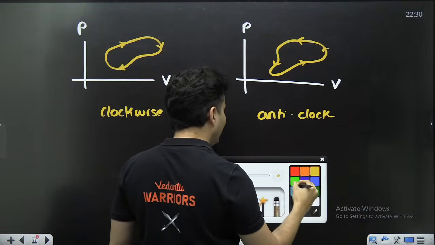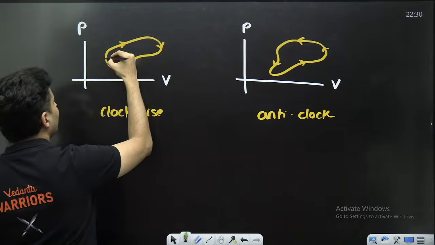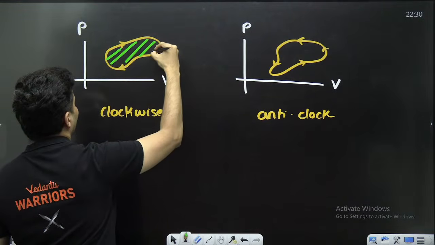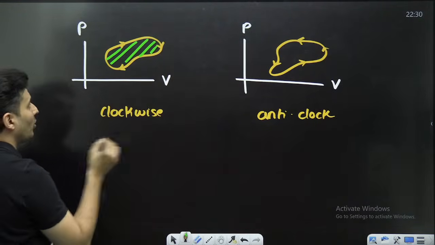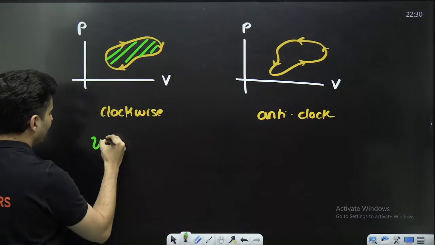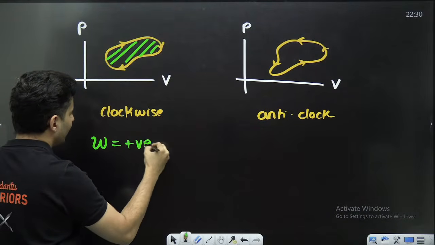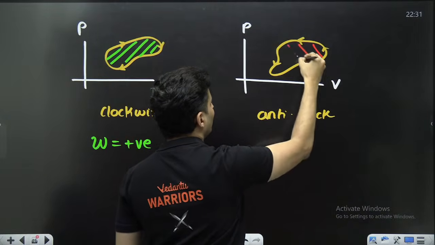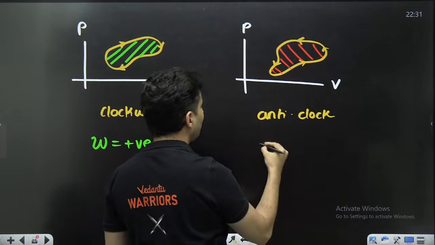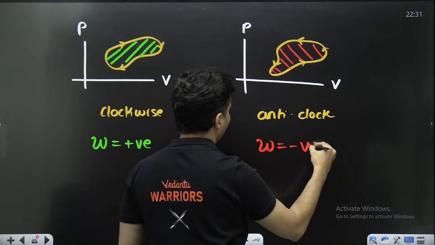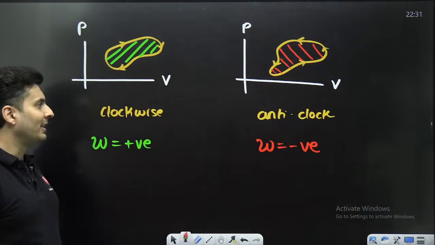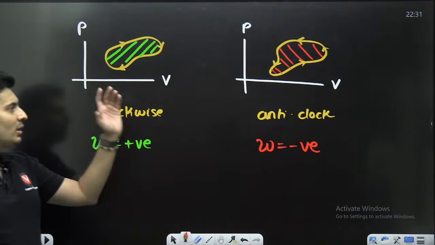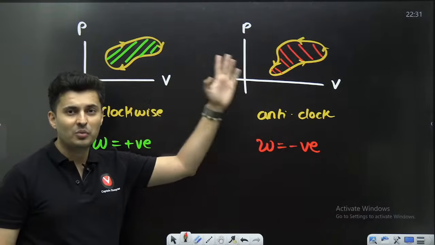If it is clockwise, then the total work done is the area enclosed and it is positive. The work done is positive, and if it is anti-clockwise, the total area enclosed will be the work done with a negative sign. Work done will be negative. So for clockwise positive, for anti-clockwise negative, for a pressure volume graph.